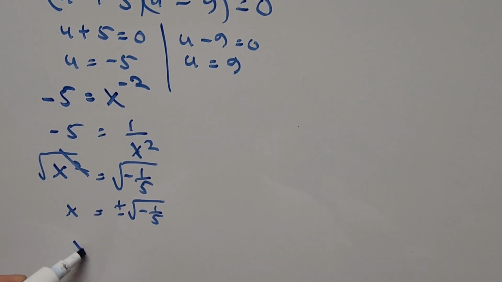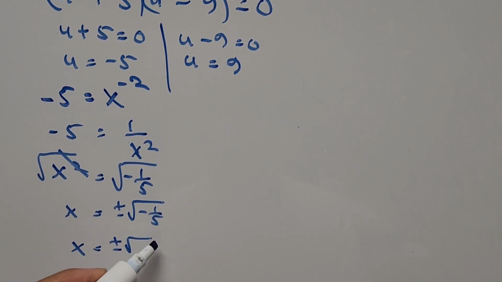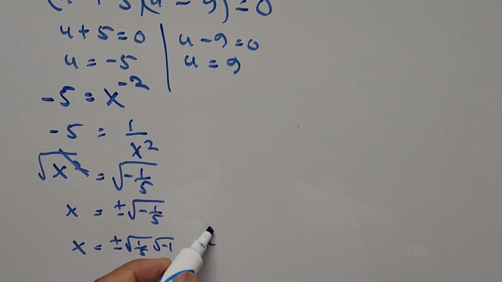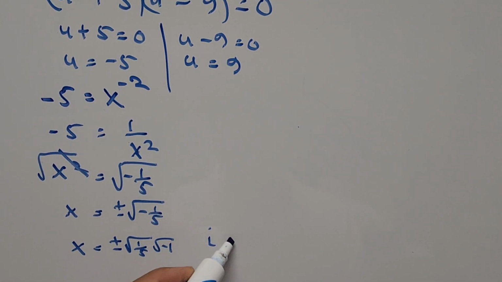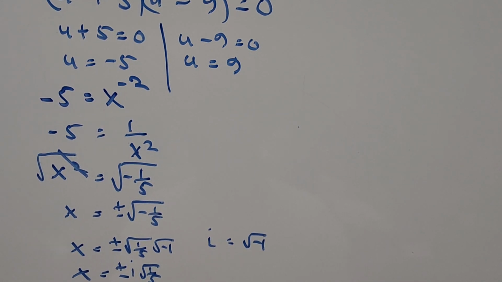That can be written as the square root of 1 over 5 times the square root of negative 1, right? And here, i, or the imaginary number, is equal to the square root of negative 1. So our answer now is x is equal to plus or minus i times the square root of 1/5. So we have two values of x in complex form.